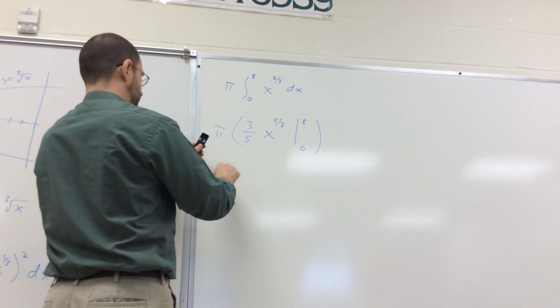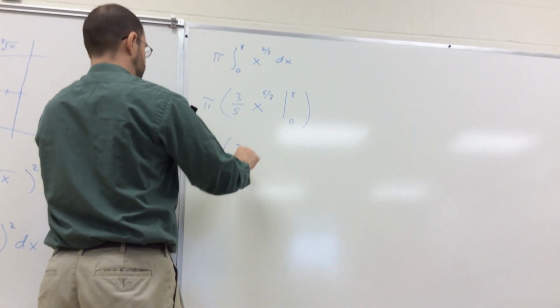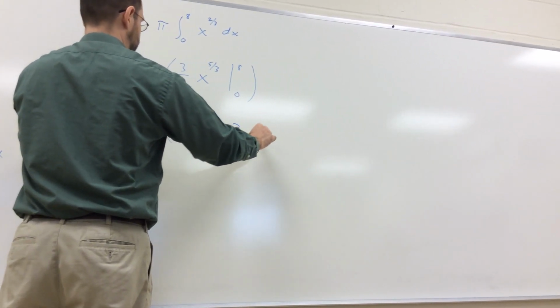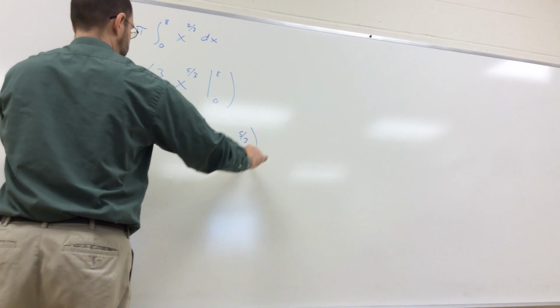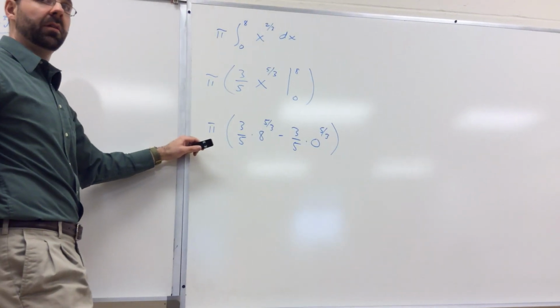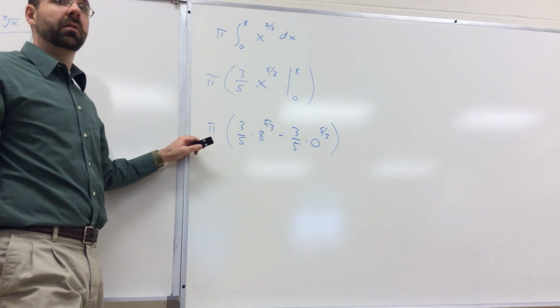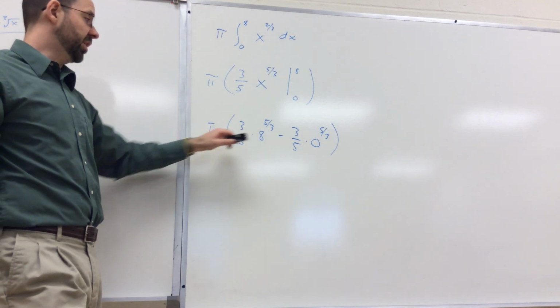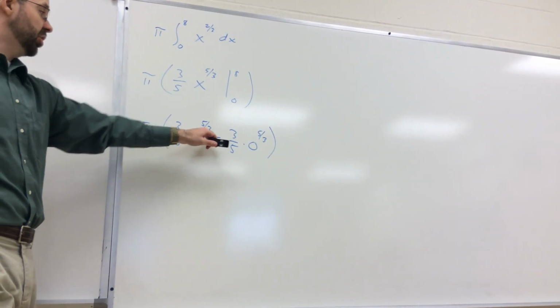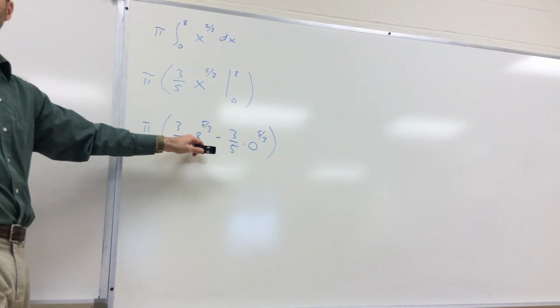So then plug in 8. 3/5 times 8 to the 5/3 minus 3/5 times 0 to the 5/3. We can do this. The thirds means the cube root. So cube root of 8 is 2.